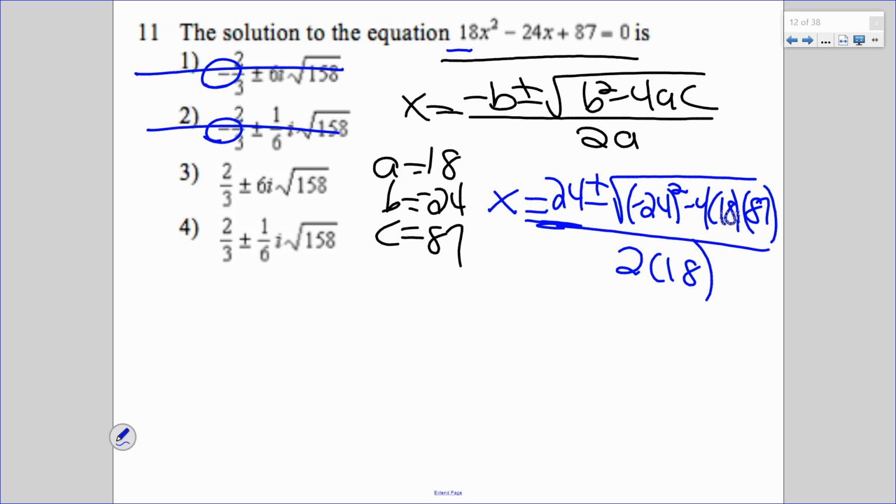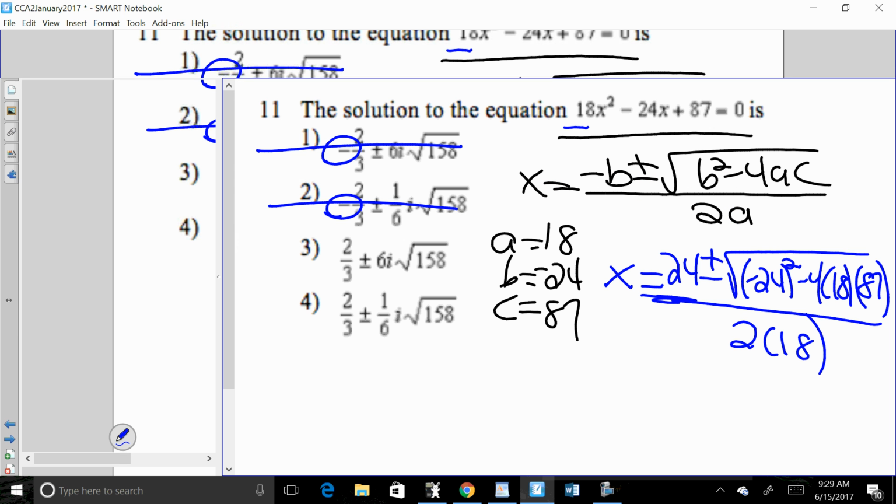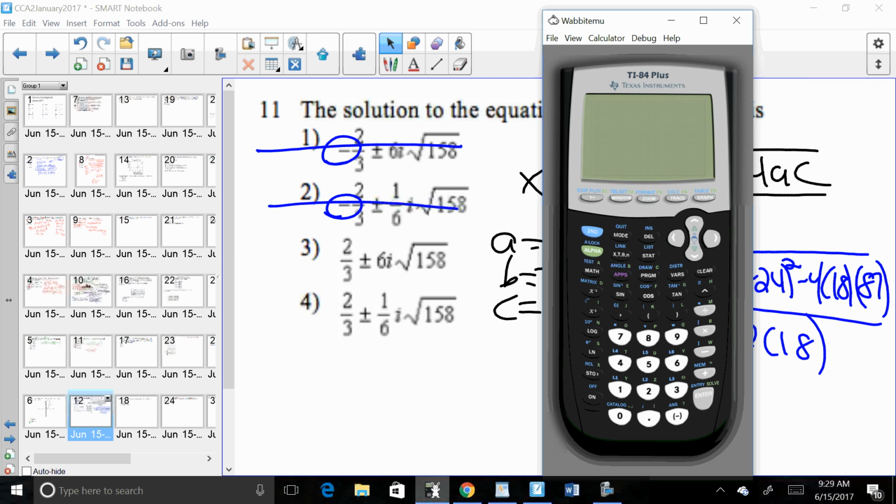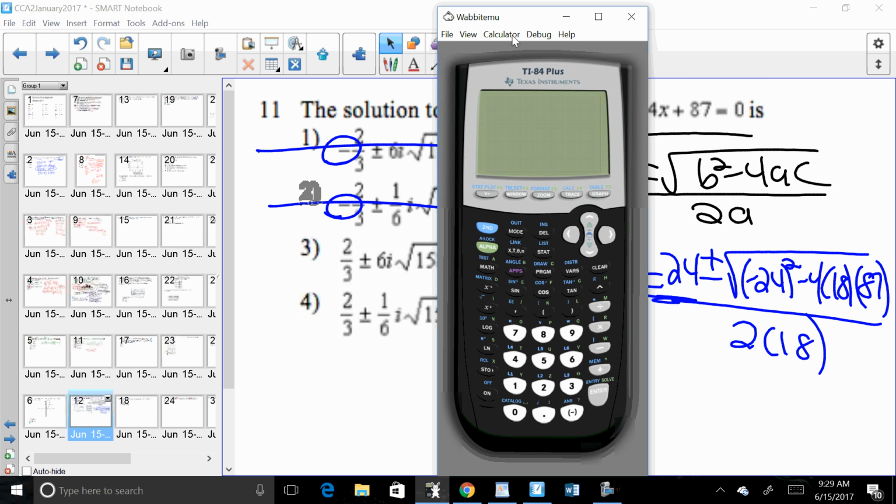Next step, do what's inside the radical. So I'm going to pull up my calculator and type in parentheses. I'm not typing in the radical, I'm just typing what's underneath the radical.